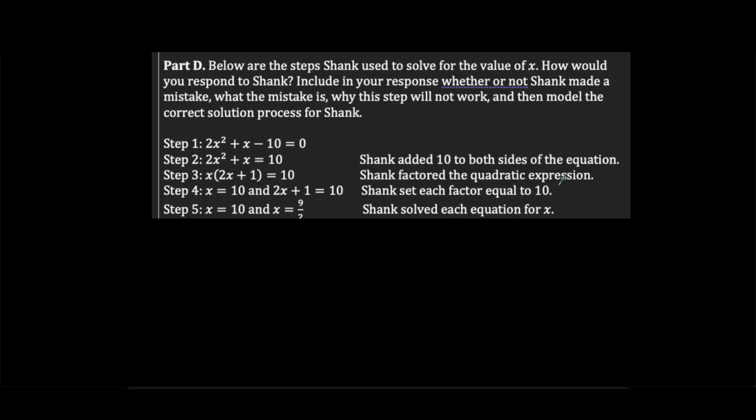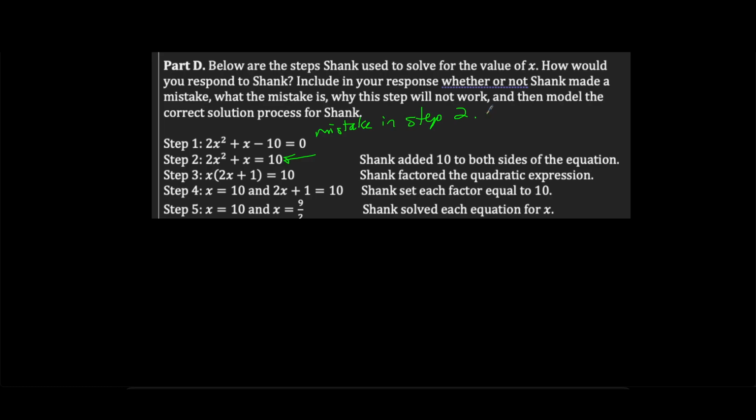For part D, it gives you some work shown, and what you're trying to figure out is where the mistake was. So for this one, we're going to say the mistake was in step 2.